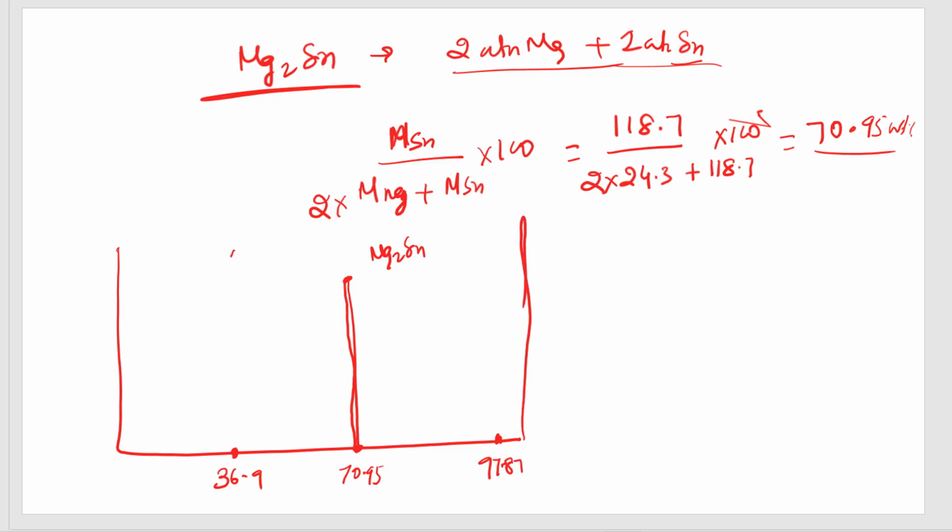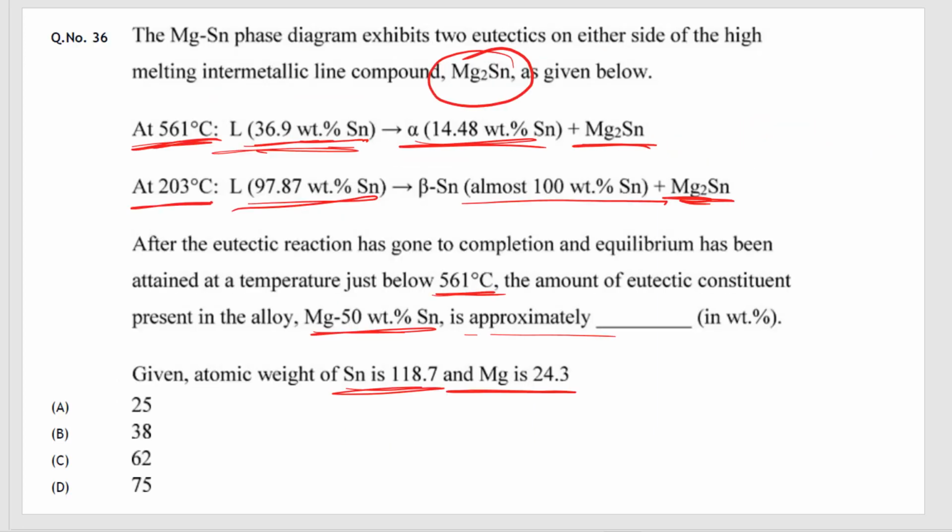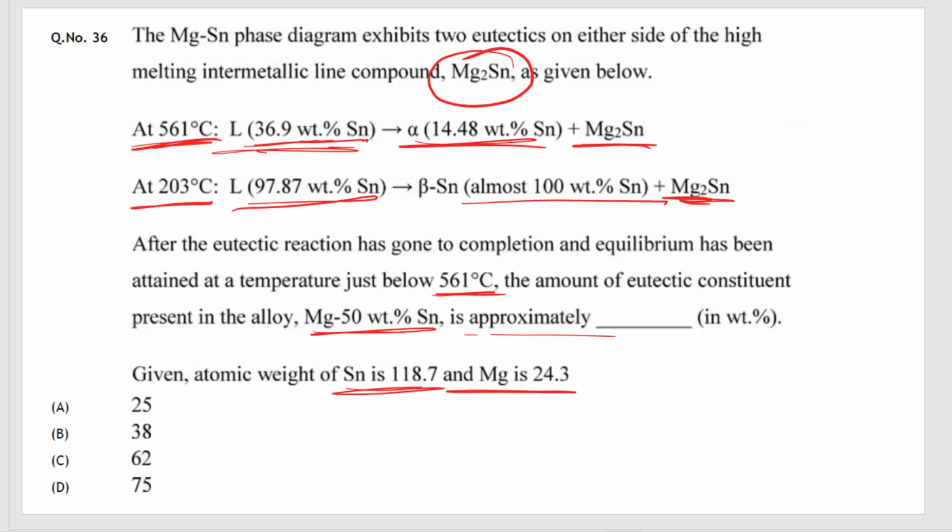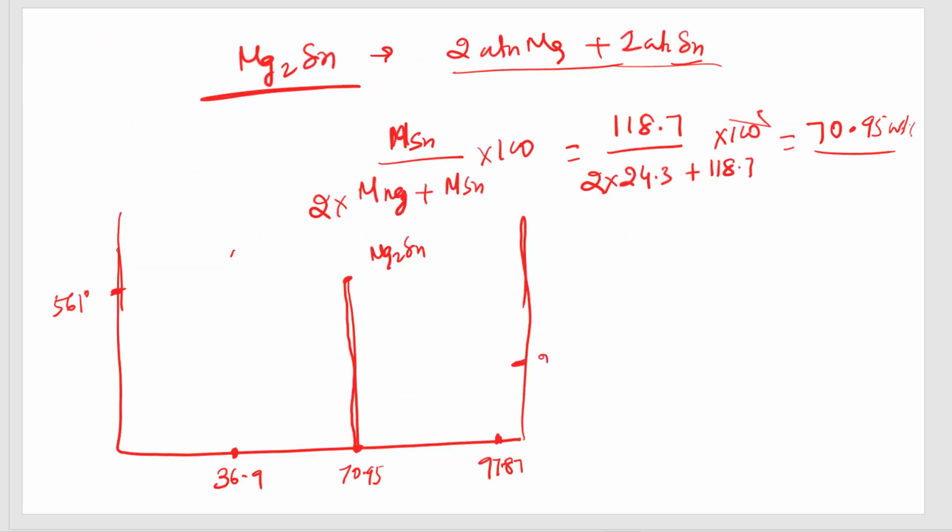Here the reaction takes place at 561 degrees centigrade on the left hand side, and on the right hand side it takes place at 203. So the phase diagram would look somewhat like this.